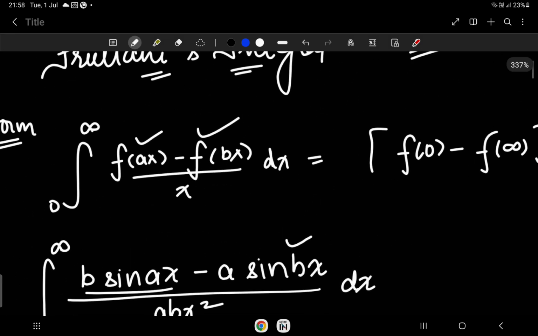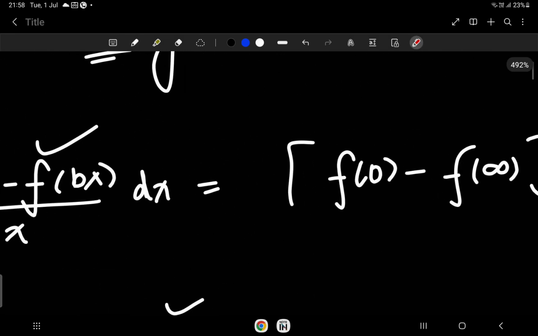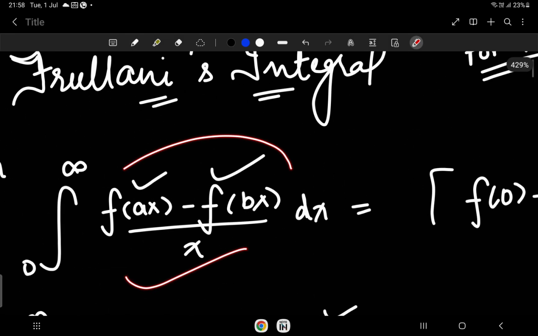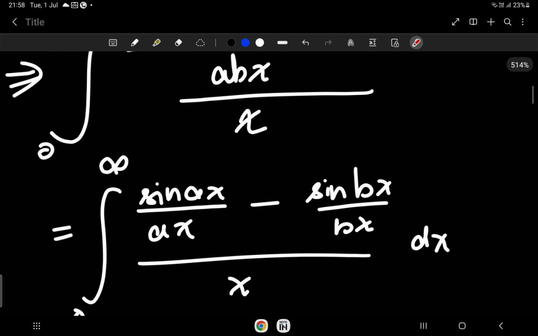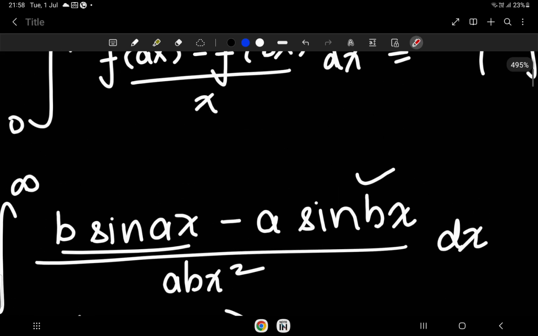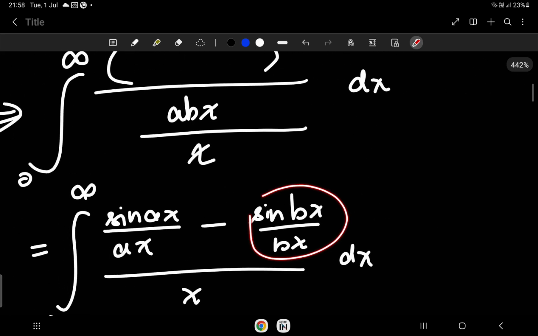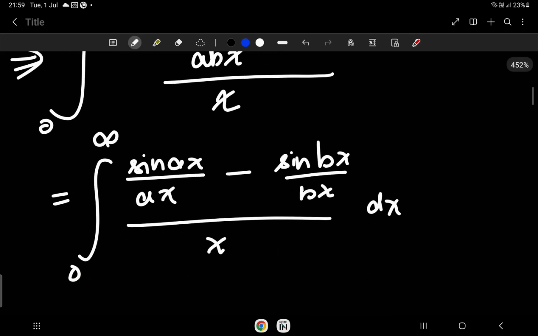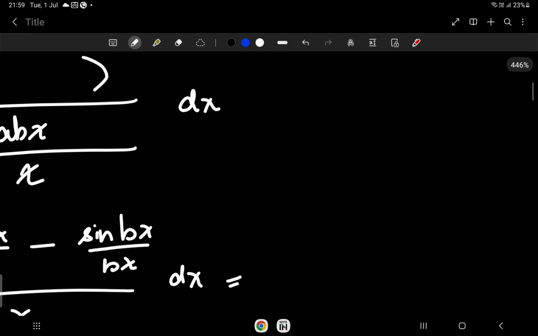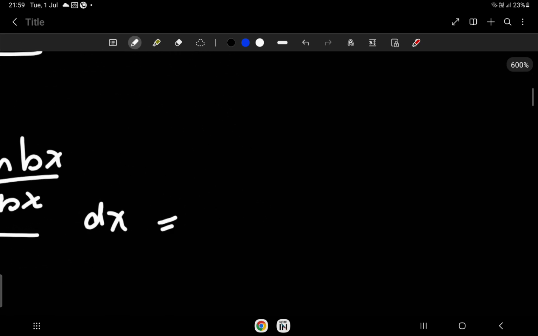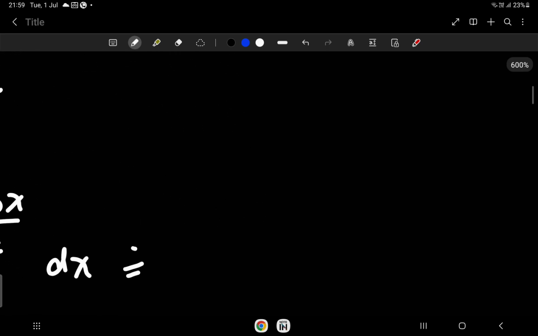This in fact becomes the Frullani's form. What was the Frullani's form? f(ax) minus f(bx) by x, with limits also 0 to infinity. So this is our Frullani's integral form, where f(x) is sine x by x.